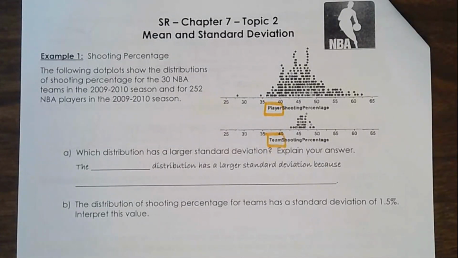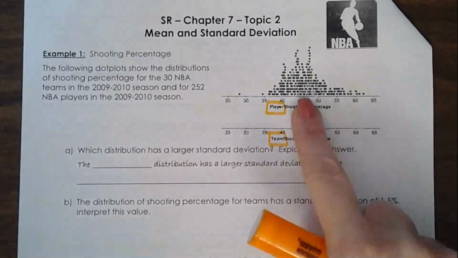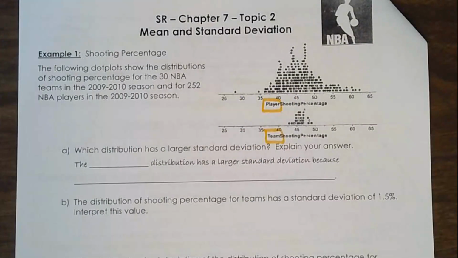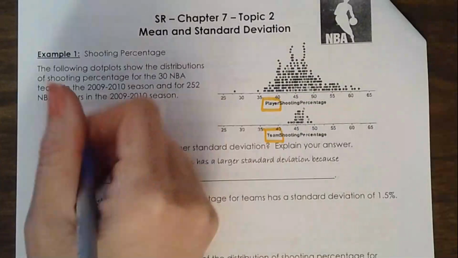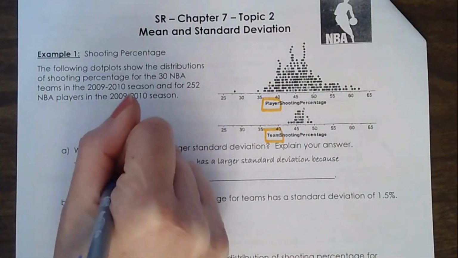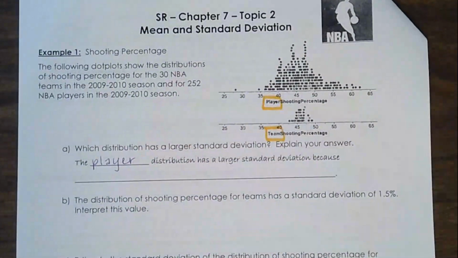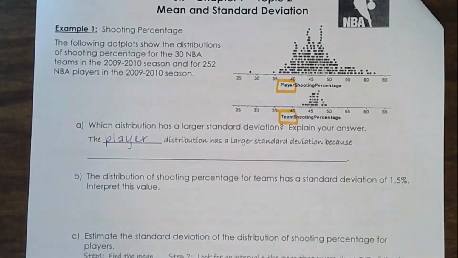It says, which distribution, the player or the team, has a larger standard deviation, and why? Which one? The player or the team distribution? Player. And why do you think the player distribution has a larger standard deviation? Yeah, there's more variability.